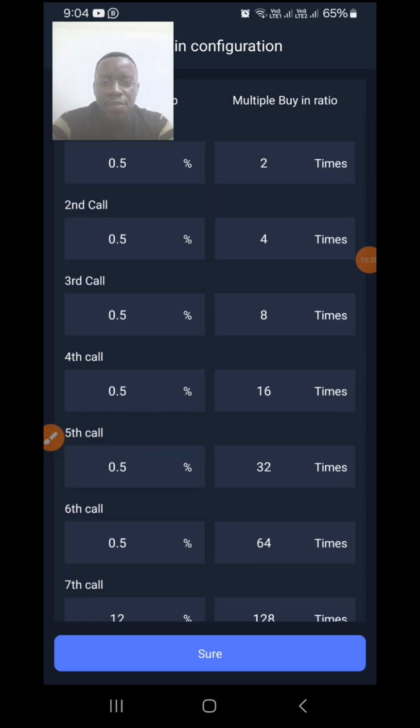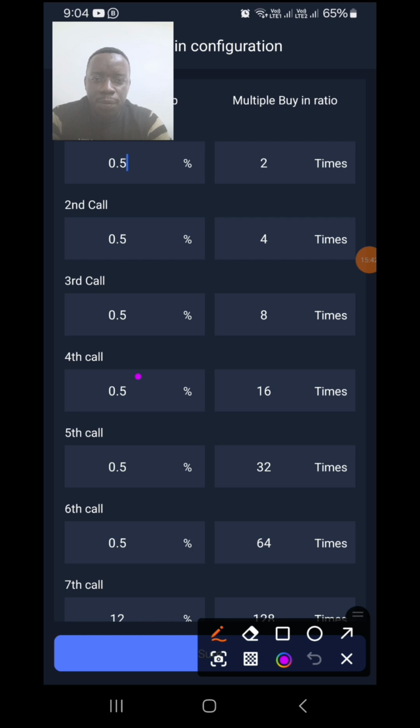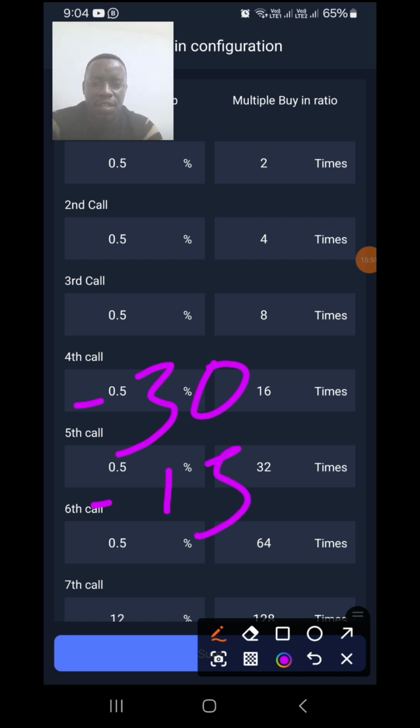Now, multiple buying ratio. There is an idea I want to show you. With this multiple buying ratio, the video is becoming long, so let me try shrinking it. Remember we're having a drop of 30. But sometimes, if the market is somehow good, the coins drop not so much, like up to 15. But for us, we plan for as far as 30.